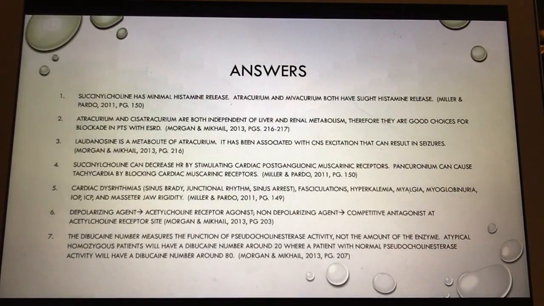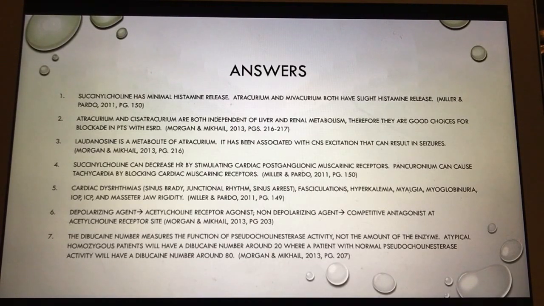So drugs that cause histamine release, you have succinylcholine, which I mentioned earlier, has a minimal histamine release, and atracurium as well as mivacurium. We don't use mivacurium here in the United States, so I didn't include that in this PowerPoint.